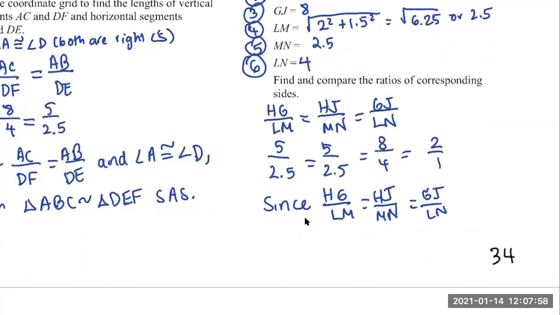Since all the sides are in proportion, triangle GHJ is similar to triangle LMN. And then what would you guys say as the justification? By what reason? Okay, perfect. Side, side, side.